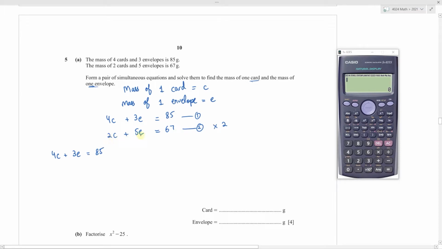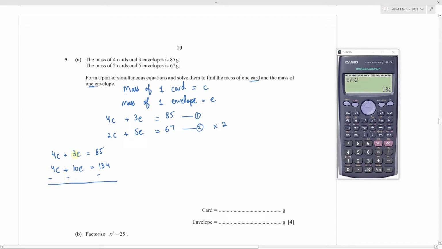And then if I multiply the second equation by 2, I will get 4C plus 10E equals to 67 times 2, 134.